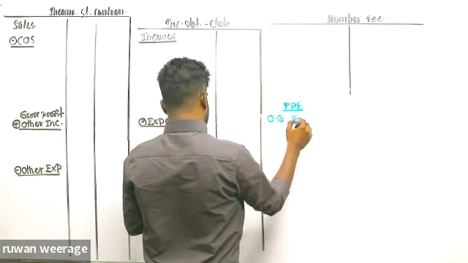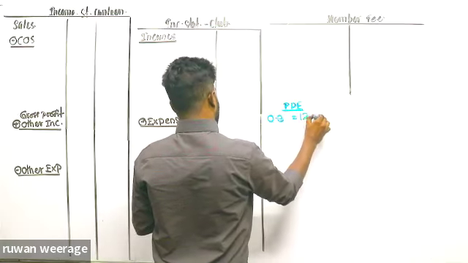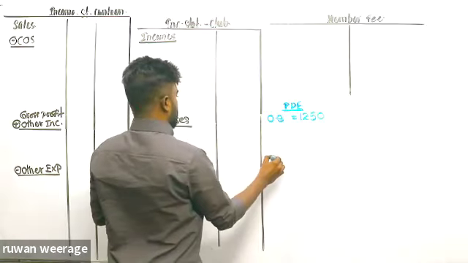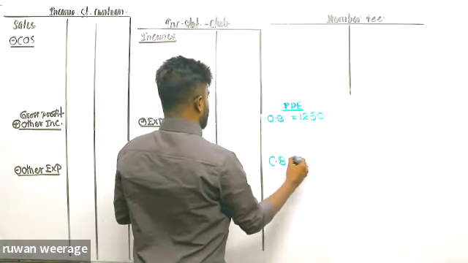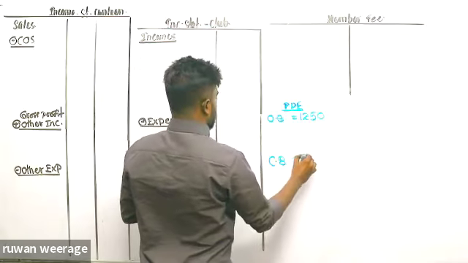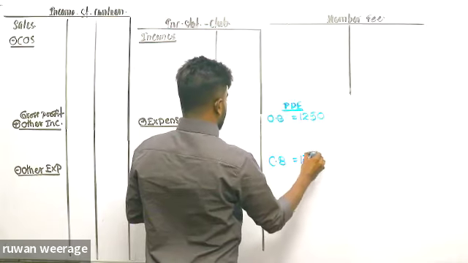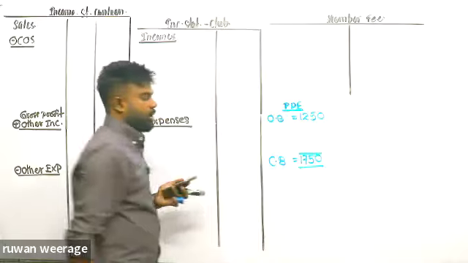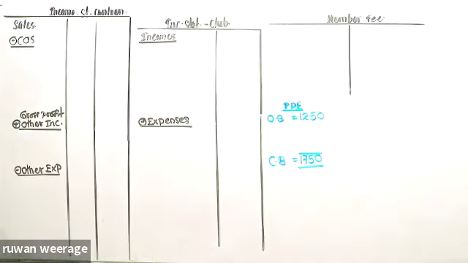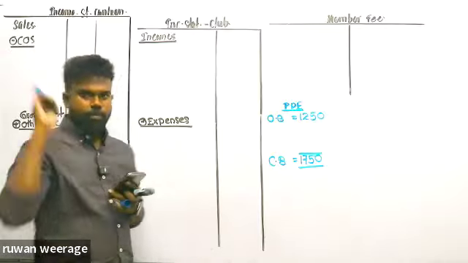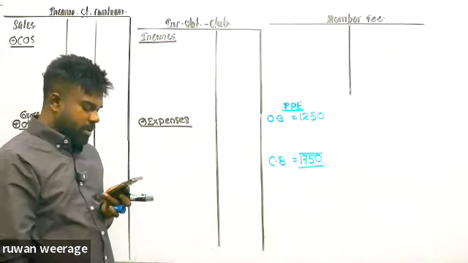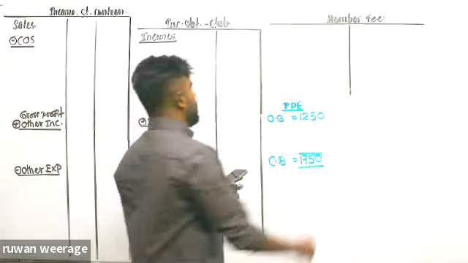Opening balance 1,250. Closing balance 1,750. Write it down like this, keeping spaces. Then take the value of property, plant and equipment. Next one, member fee receivables.